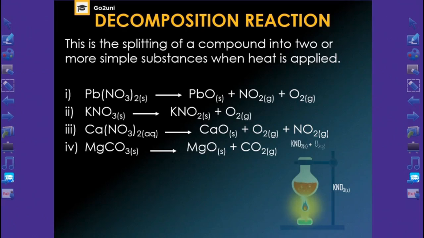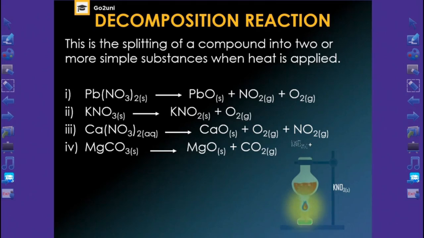Lead nitrate decomposes when heated to give lead 2 oxide plus nitrogen 4 oxide, and oxygen gas is liberated. When potassium nitrate decomposes under heat, it gives potassium dioxonitrate 2 plus oxygen.